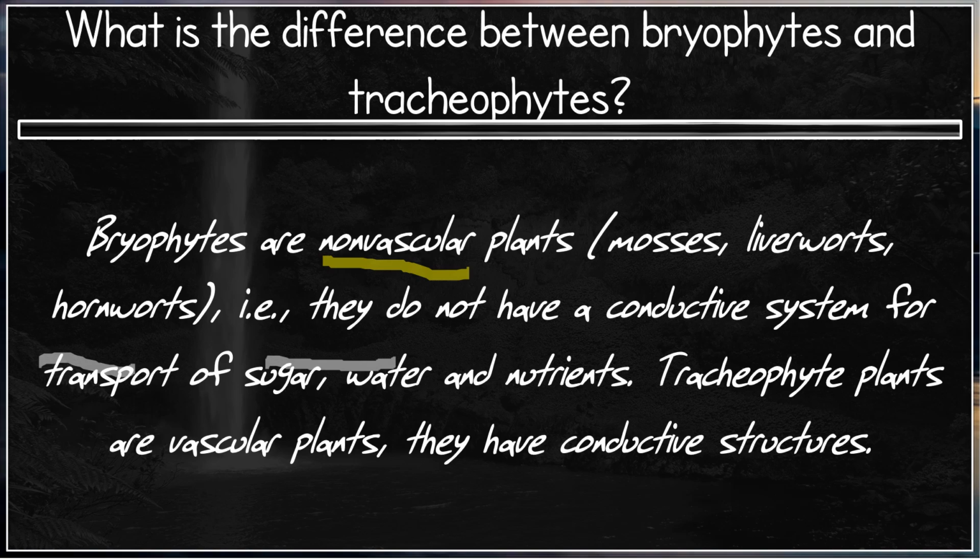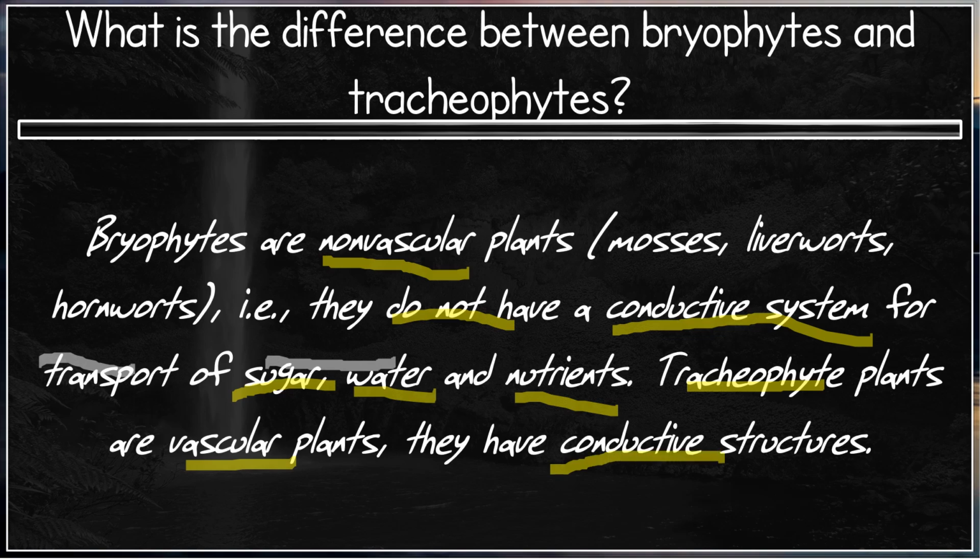That is, they do not have conductive system for transport of sugar, water, and nutrients. Whereas tracheophyte plants, they are vascular plants. They have conductive structures.